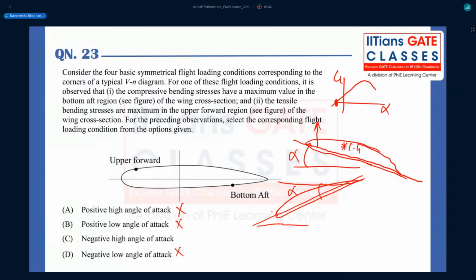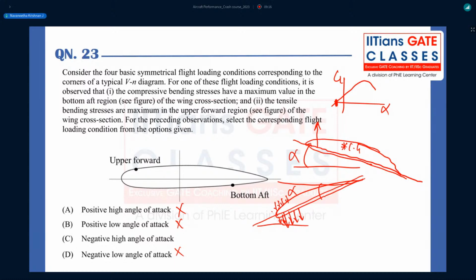That means in the forward region, you will be experiencing a tensile force, because when it is having a negative lift, there is a negative pressure distribution. The pressure distribution here will be like this. So it makes the upper half region undergo an expansion. That means there is a tensile force.